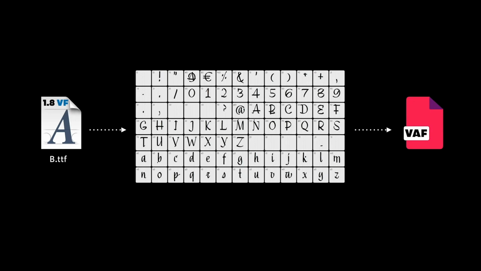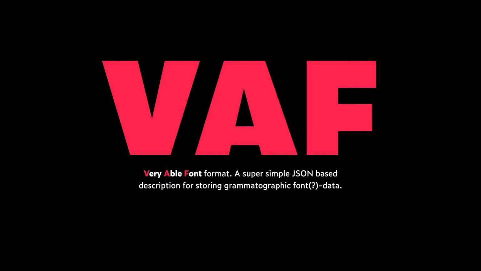And this data we then export as a file, what we call the WAV file. A WAV file is a variable font format, and it's basically a very simple file. It's just a JSON file with a short description of how things should move.